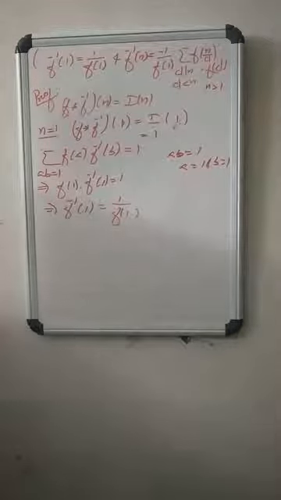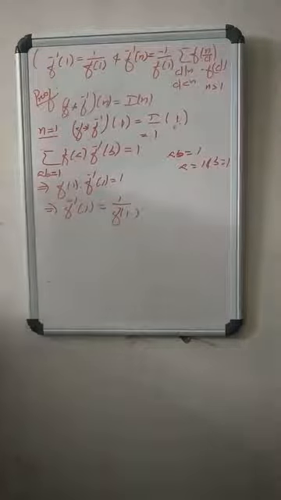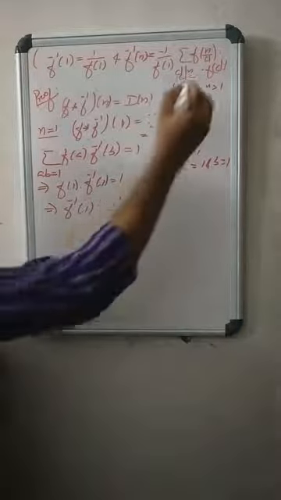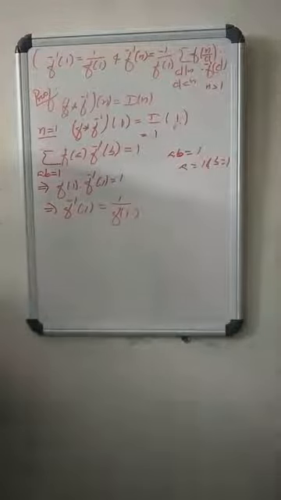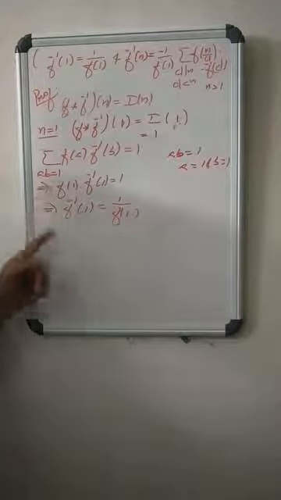Now the second part, f inverse n equals minus 1 by f of 1 into sigma d divides n, d less than n, of f of n by d into f inverse d. That can be proved by using the induction hypothesis. The result is true for n equals 1.